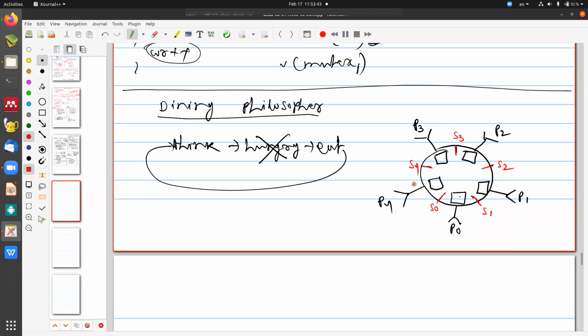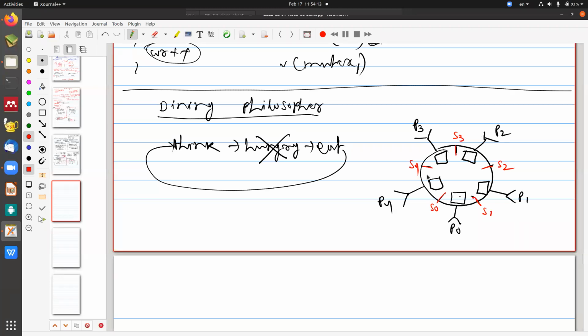You have to write the code for who will take the chopsticks and when, so that they will not fight. But you are very sure that 5 cannot eat, 4 cannot eat, even 3 cannot eat at a time, only a maximum of 2, because 2 philosophers need 4 chopsticks, and 1 will be left out. That's okay, but more than this cannot be allowed. Then what is the solution they're asking?